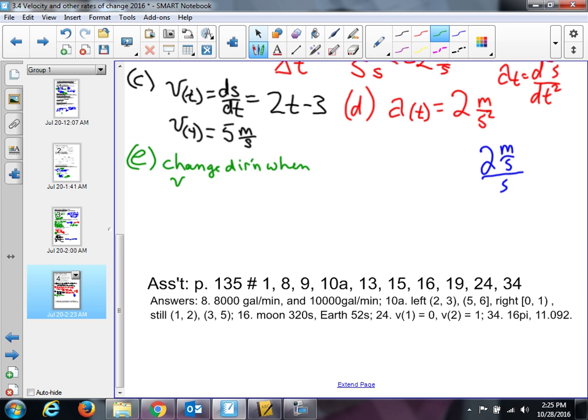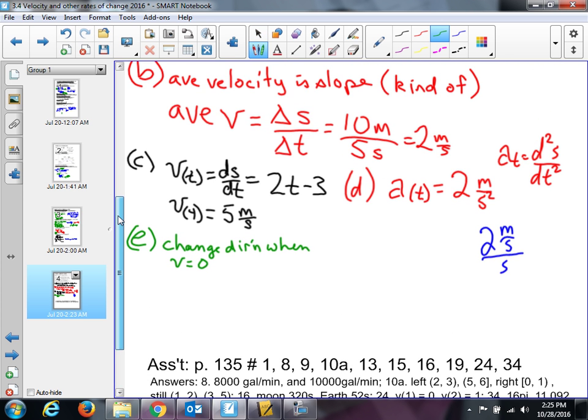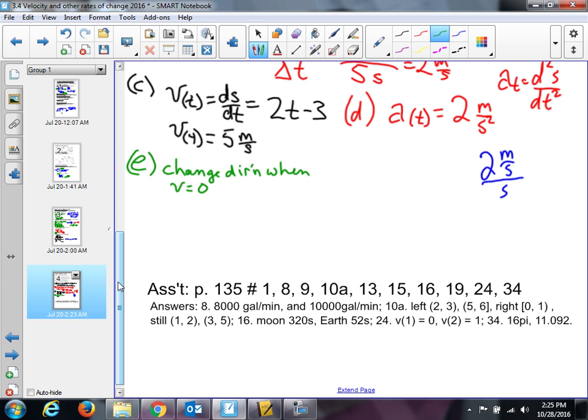So we look at our velocity function, which is 2t minus 3. We set that equal to 0, right?